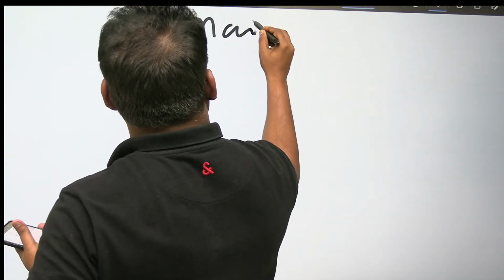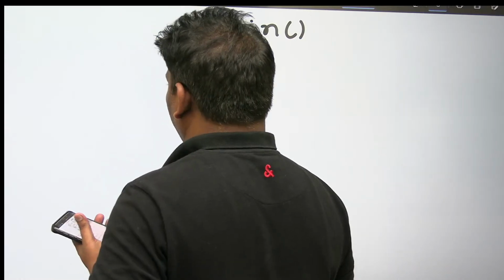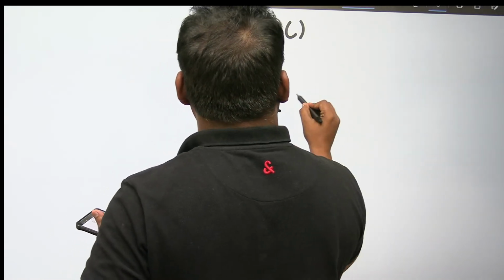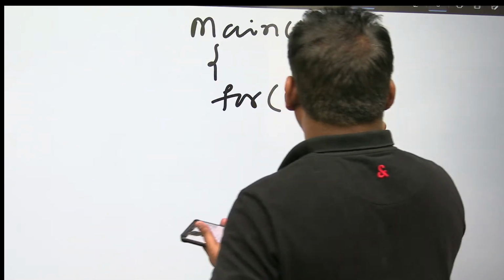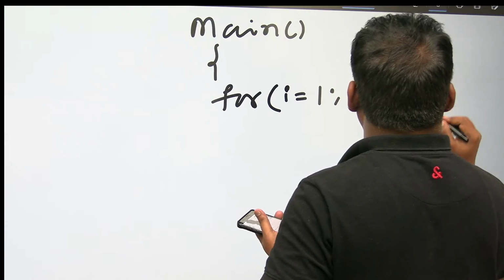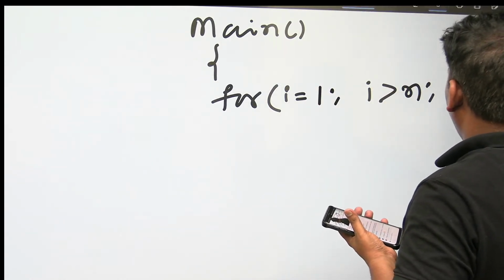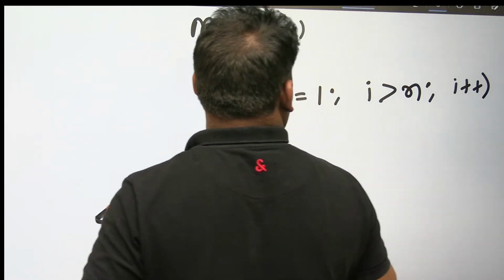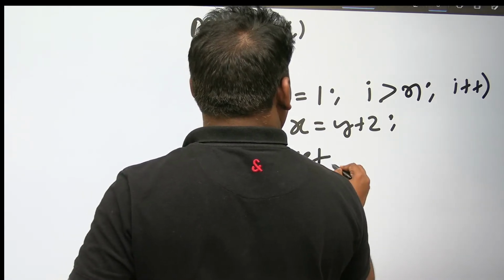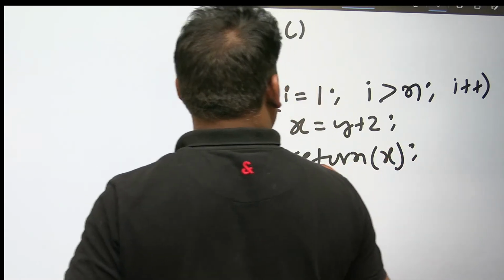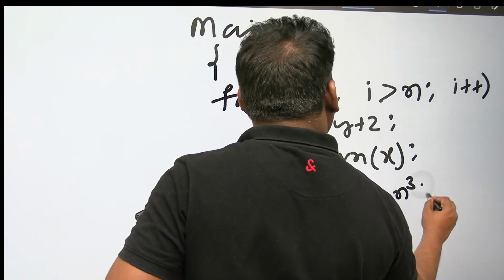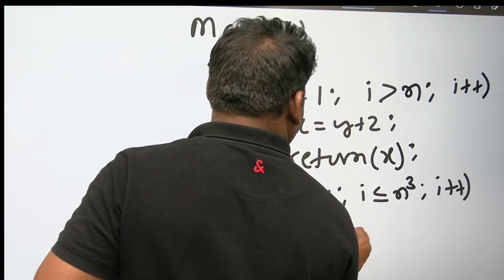main. for i is equal to 1, i greater than n, i plus plus, x is equal to y plus z. for i is equal to 1, i less than or equal to n cube, i plus plus, x is equal to y plus z.